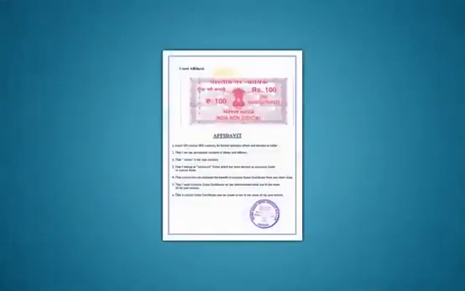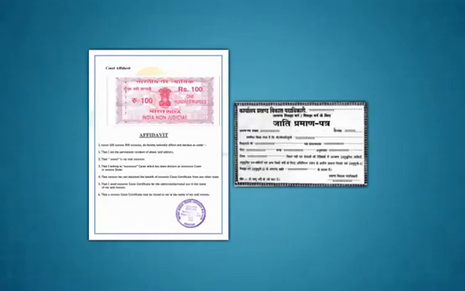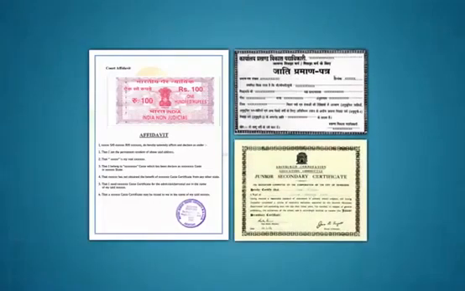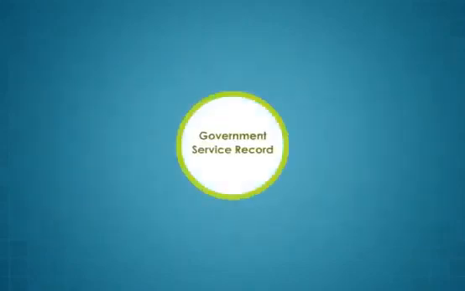An affidavit for caste certificate. The caste proof for your blood relative. An extract of your primary school leaving certificate of you or your father. An extract of birth register of the applicant or father or relatives. An extract of government service record or book mentioning caste or community category of the applicant's father or relative.